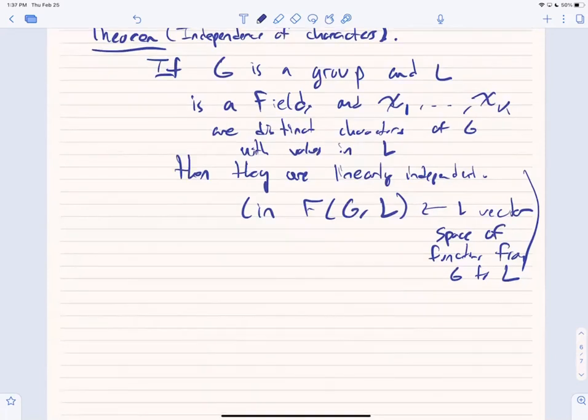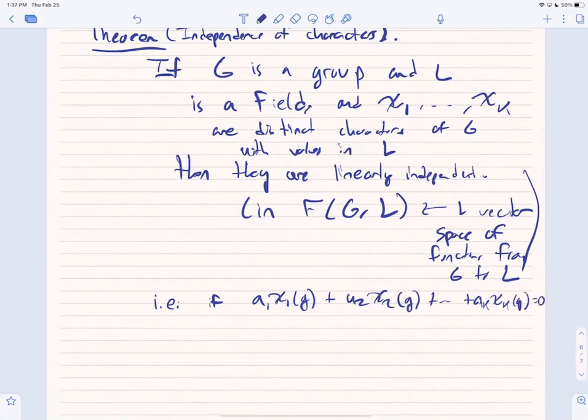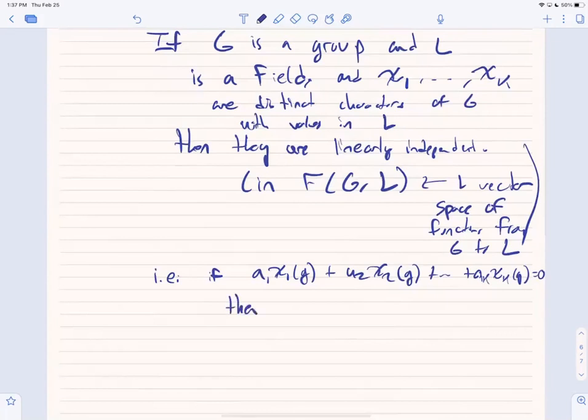Concretely, that just means if A1 chi 1 of G plus A2 chi 2 of G, and so on up to Ak chi k of G is equal to 0 for all G, and fixed A1 through Ak in L, then I'm just writing out the definition of linear independence.